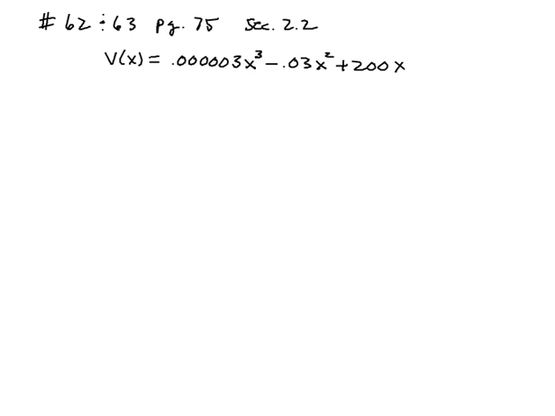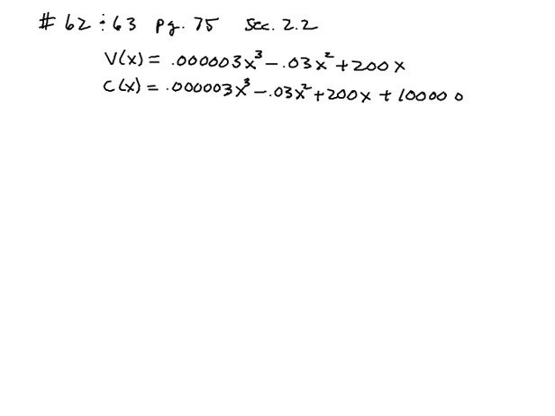So for each unit produced, I can calculate the value of that particular unit. Also, they say that the monthly fixed cost attributable to the division that produces the PDAs is 100,000. So to come up with a total cost function, I've got to take the variable cost, in other words, the cost per unit, and then combine that with the fixed costs.